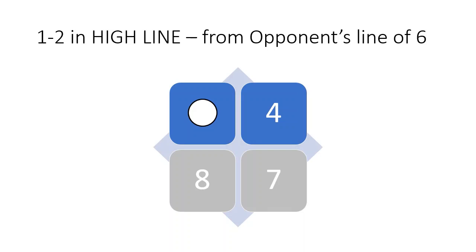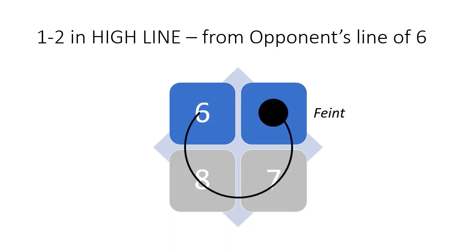So the 1-2 in the high line, beginning in the opponent's line of 6, begins with a feint into the inside high line, here represented by a black dot as opposed to the target, and then is followed up with the disengage in the opposite direction to arrive at the target and hit.